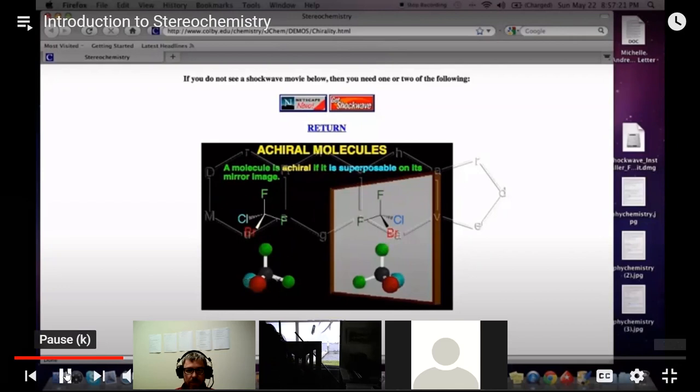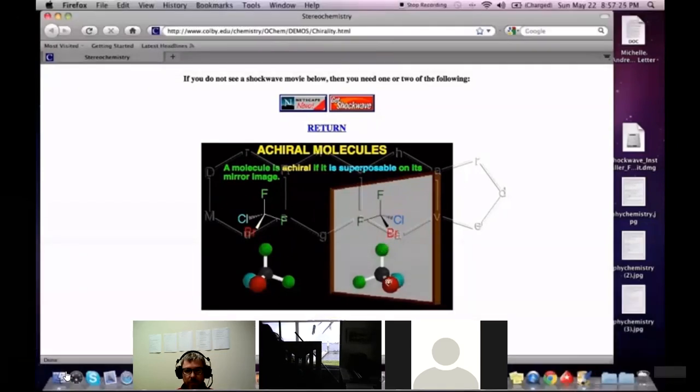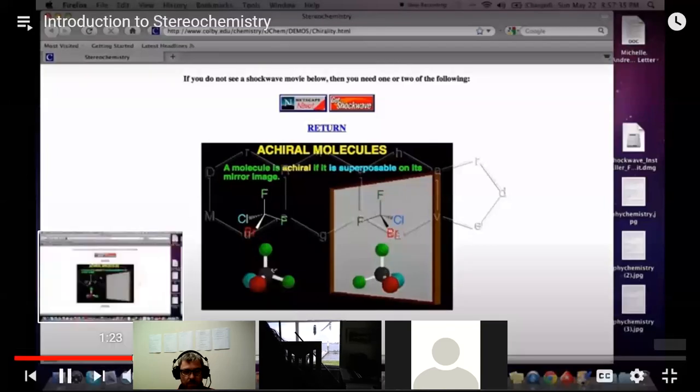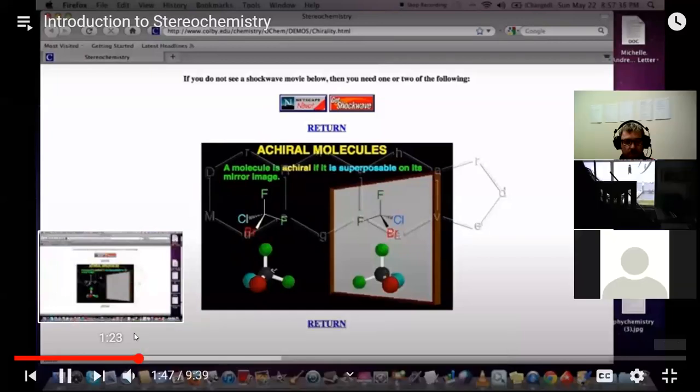You've got the blue one at the back, red one at the front. So that's a mirror image of this compound. Now you'll notice in the next slide that this is going to be able to be turned around and lined up, exactly what we started with.